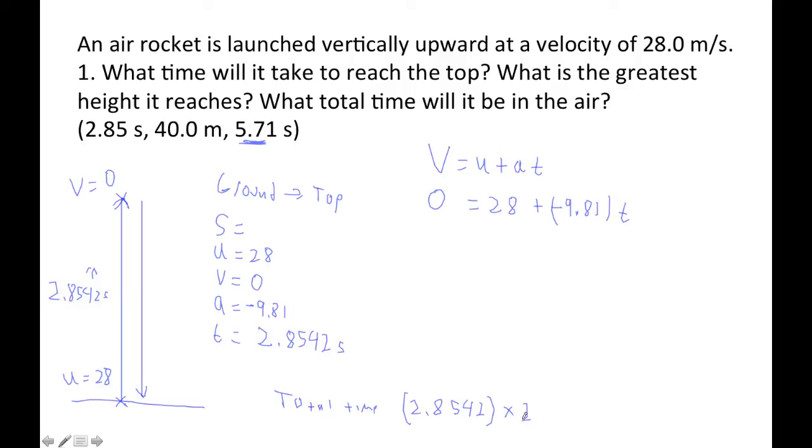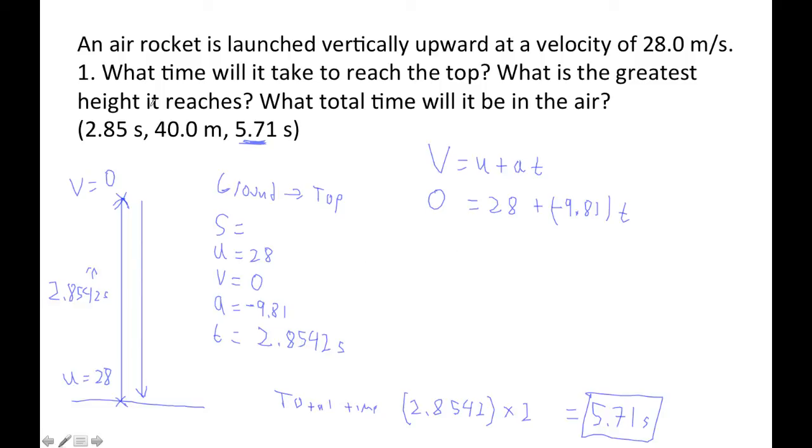If I do that, I get 5.71 roughly. But you only get that if you double the unrounded value. Sorry. You've got to carry a bunch of extra sig figs. If you cut that off, then doubling is 5.70.